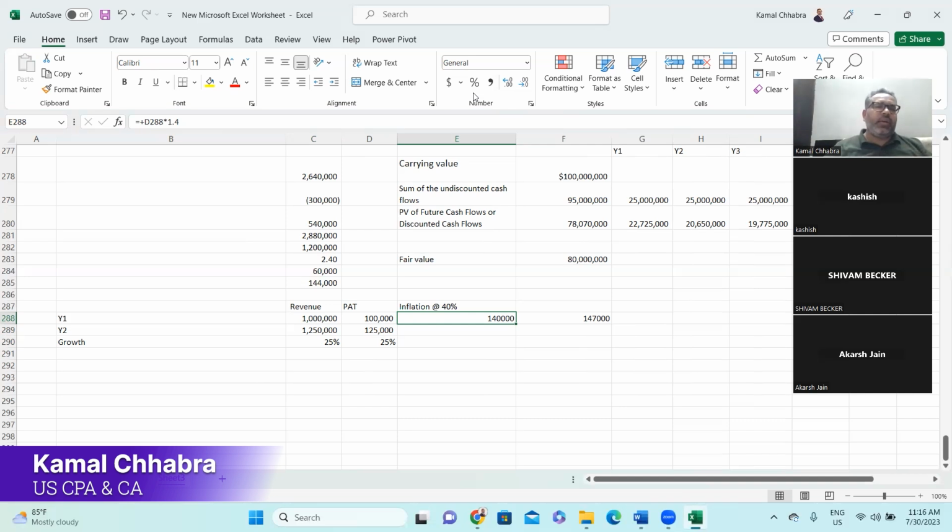If you see, IFRS says you can shift your currency from the local currency to a functional currency if that is more stable.